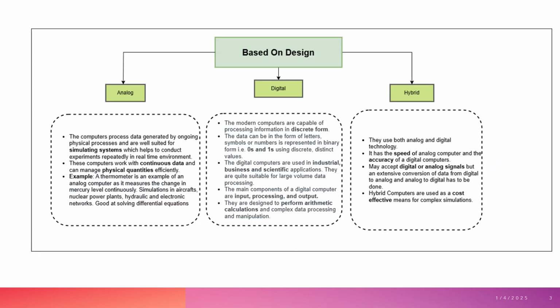If we talk about classification based on design, the computers can be classified into three categories, that is analog, digital and hybrid. The analog computers are the ones which process the data generated by ongoing physical processes and have continuous data. This kind of computer represents physical quantities very efficiently.